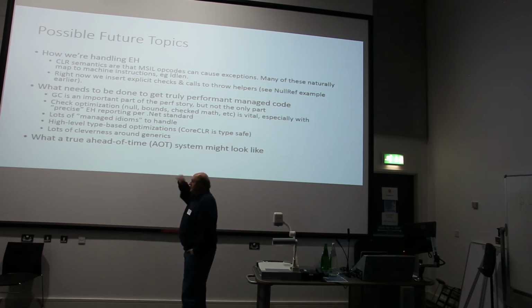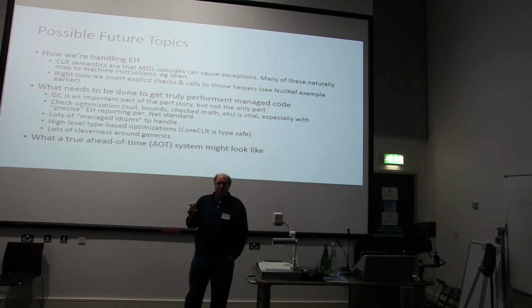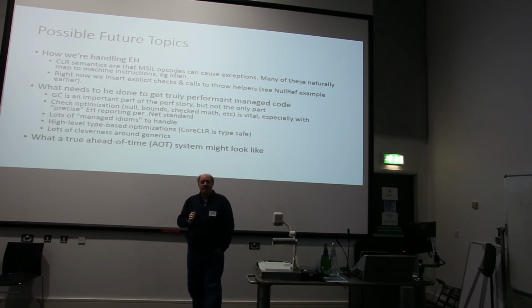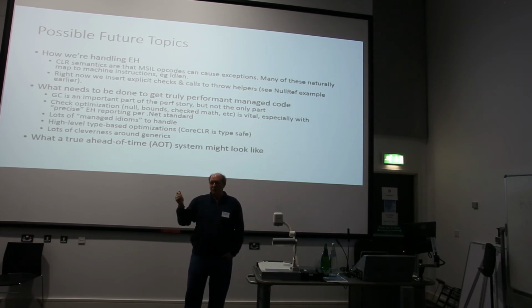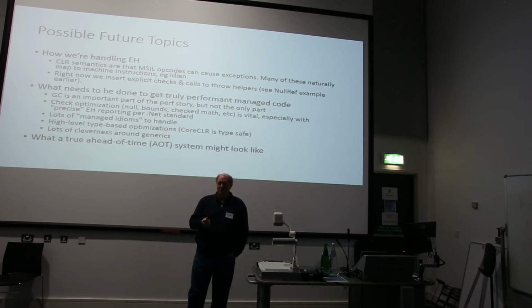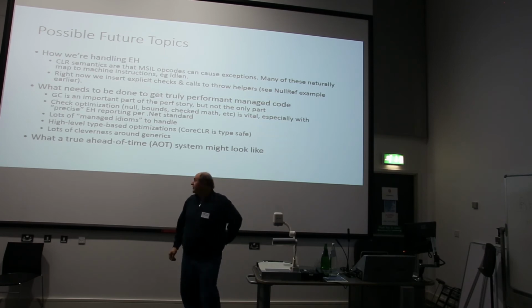There's a lot of what we would call managed idioms, special patterns that you see in C#. One of the things I'm curious to see is how tightly tuned LLVM is to Clang versus just some random guy generating IR. Our experience in the past has been that compilers become really habituated to their primary IR producer, so we'll have to see what we run into there, but we'll find out.